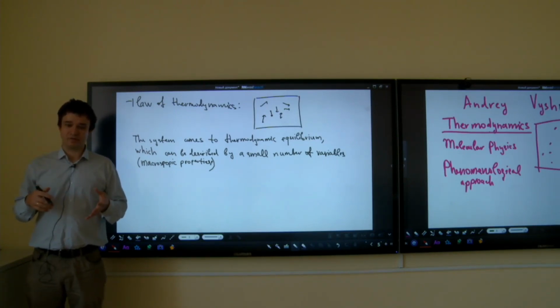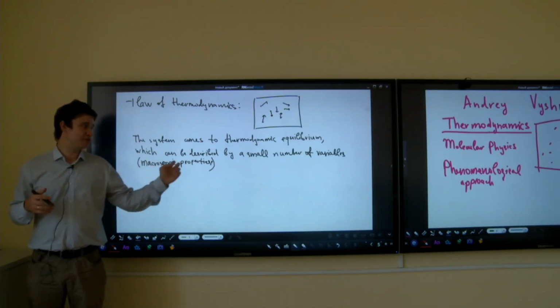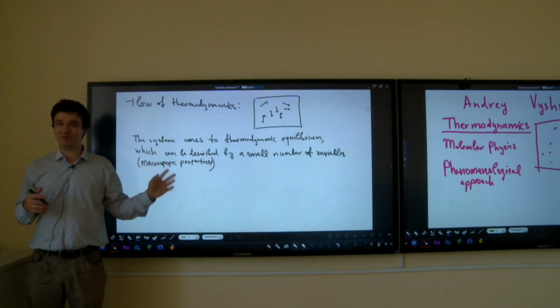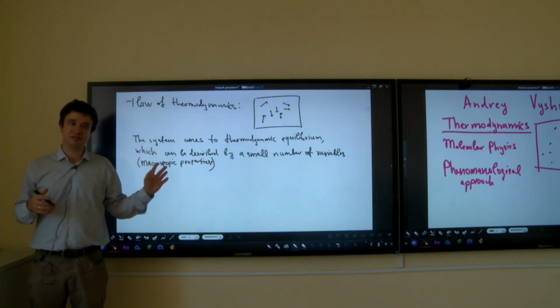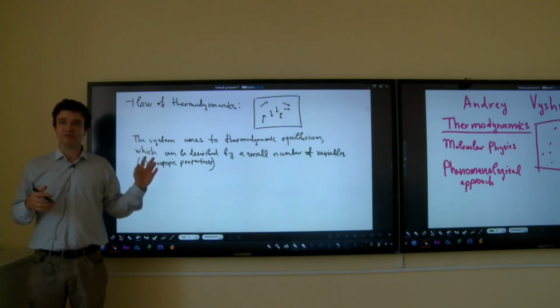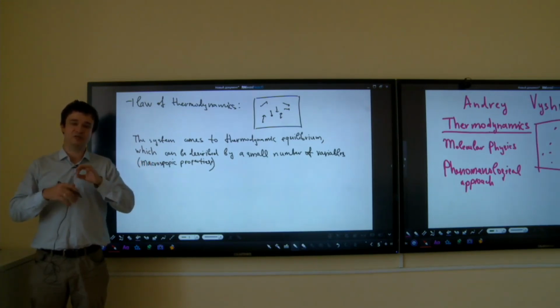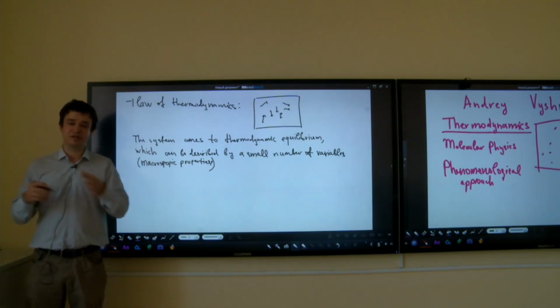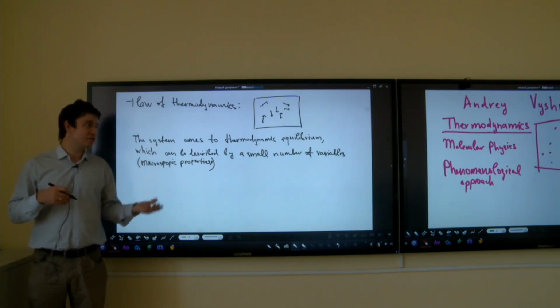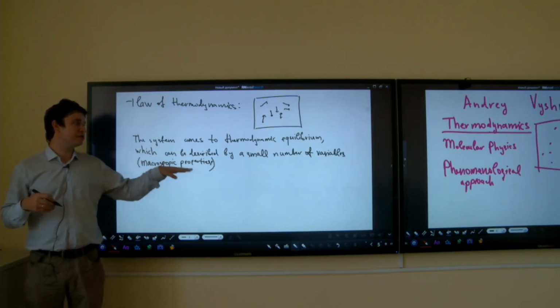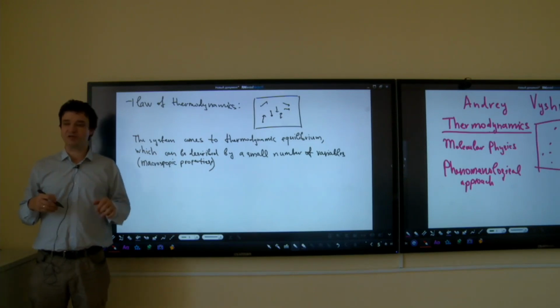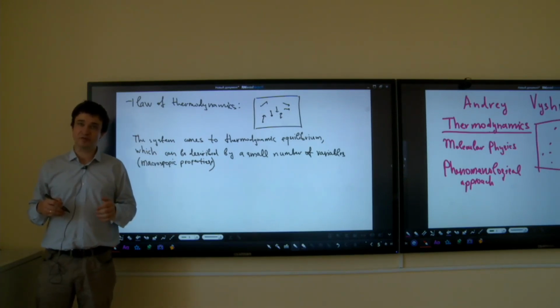But the existence of these variables, a small set of variables like pressure and volume which can describe a state of the gas, is postulated. Sometimes it's postulated tacitly, so without saying, it is implied. So you start studying, but it's already implied that you can use a small number of variables to describe the state of the system. It's not always a given.